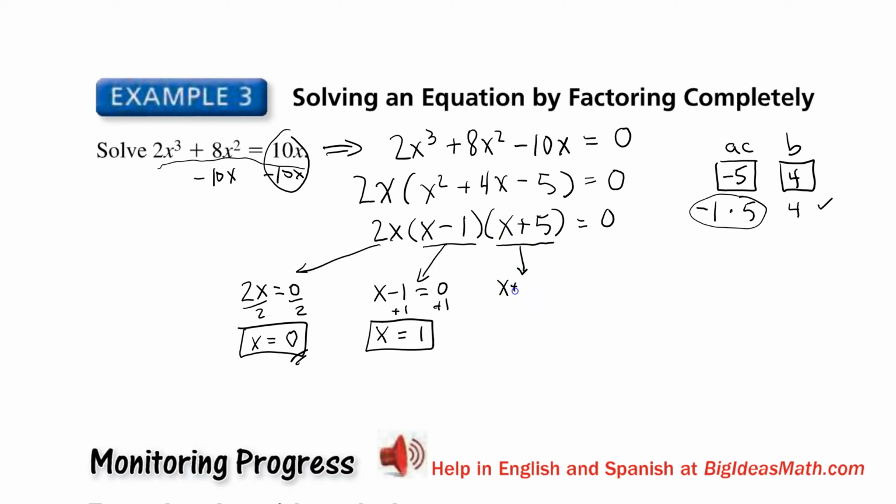X plus 5 equals 0. I'll subtract 5 from both sides, and x equals negative 5. And so that is another solution. So I have three solutions: x equals 0, x equals 1, and x equals negative 5. And all of them will work in this original equation.